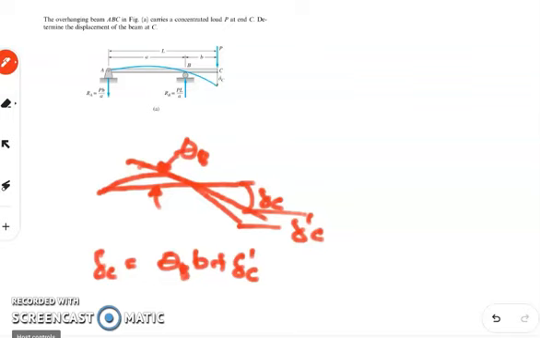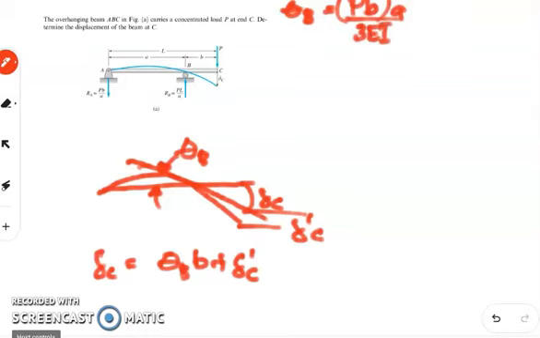delta sub C prime is the displacement at point C due to the deformation of segment BC. We can obtain our theta B from the deformation of segment AB. Using table 6.3 on displacement and slope angle, the slope angle due to this concentrated load is theta B equals P times B times A all over 3 EI.